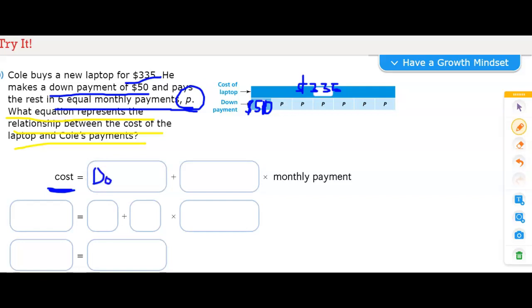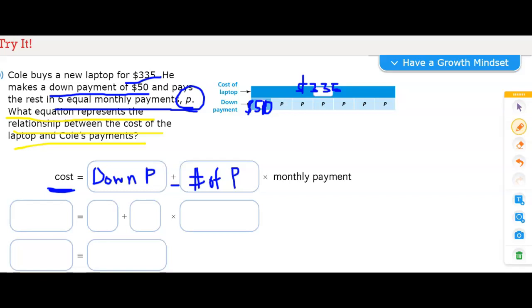The down payment, plus the number of payments multiplied by the monthly payment. So the down payment is being added because it is not included in the monthly payments.